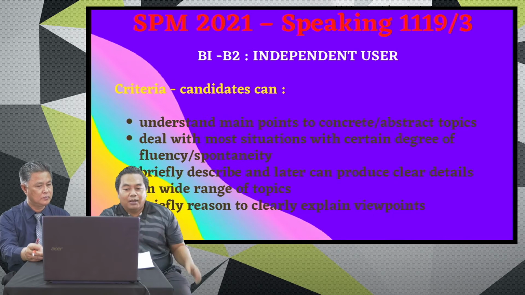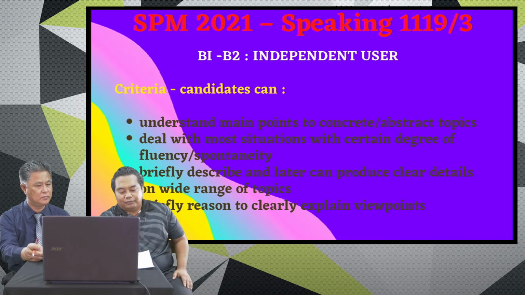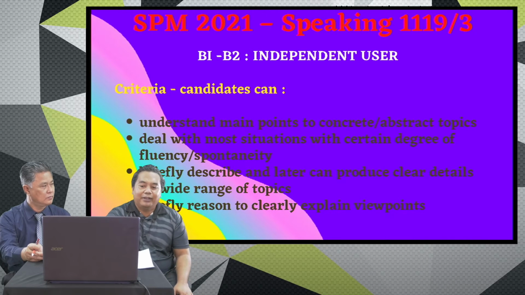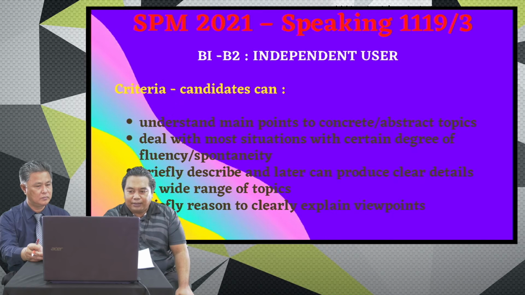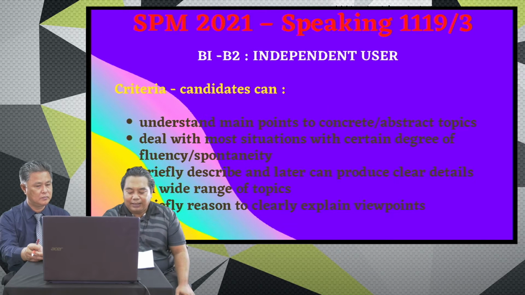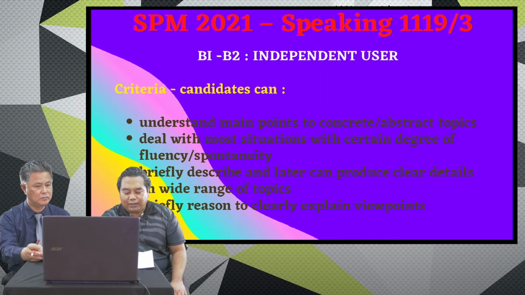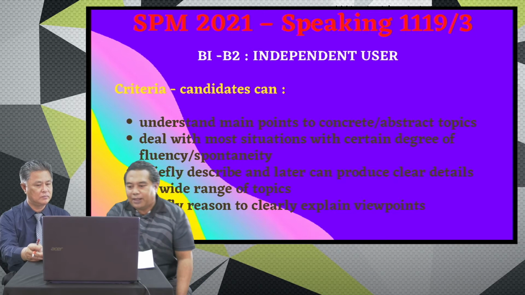Okay. Briefly give reasons to clearly explain viewpoints. Also in a few words, he can give reasons to clearly explain a viewpoint. Clearly means give clear information or details about something.